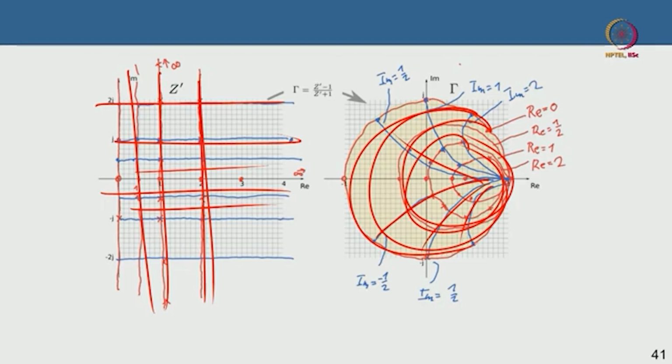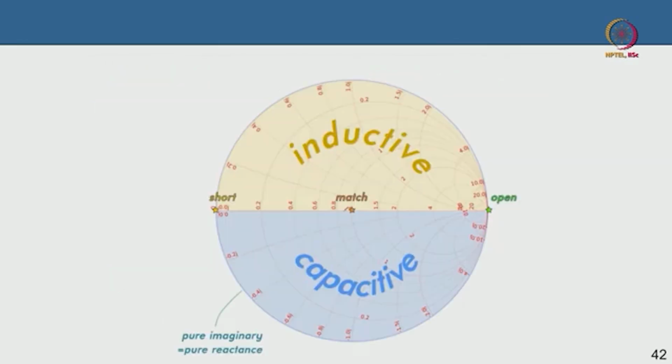So let us come to the whiteboard here. So this is what we had ended the last lecture with, that each and every impedance can be mapped to a certain point on the Smith chart or the polar form. Okay, this is the open, this is the short, and everything else is in between. Now a few things that we need to be aware of.